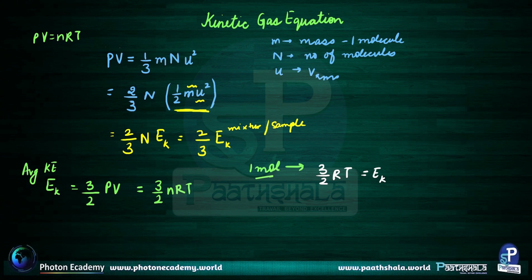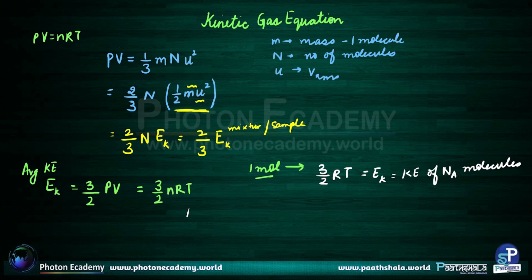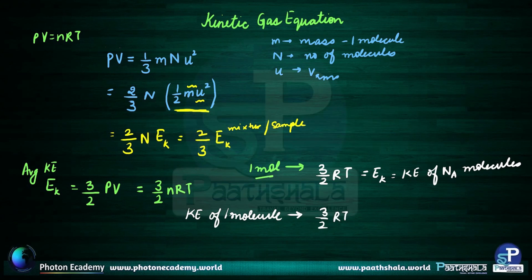Or we can call this the kinetic energy of Na molecules, right? 1 mole implies Na molecules, where Na is the Avogadro's number. Then what will be the kinetic energy of 1 molecule? Simply using the unitary method, for Na molecules, the kinetic energy is 3 by 2 RT. So for 1, it would be 3 by 2 RT divided by Na.